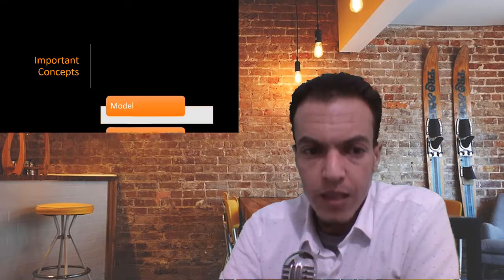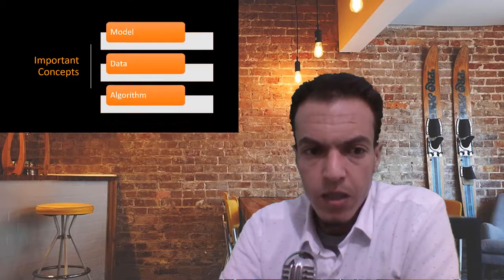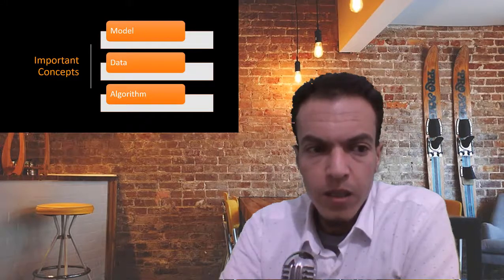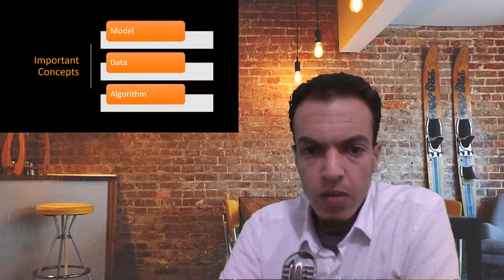To make a machine learn, we have three important parts to consider: data, algorithm, and model. Simply put, the model uses the algorithm, which is the technique on how to learn from data, to learn from the data. After this learning process, your model is well trained and can predict other new data entries.